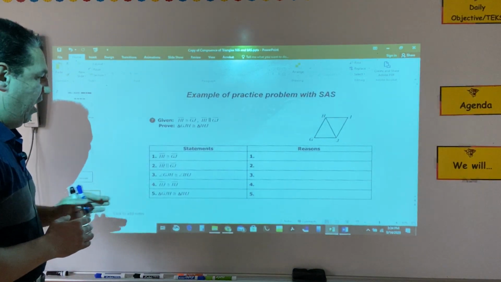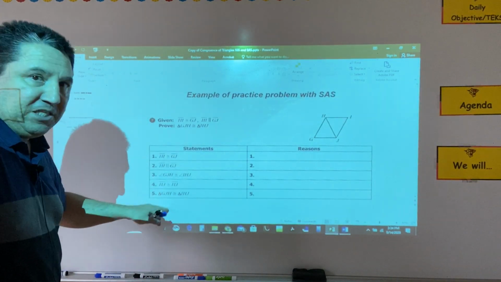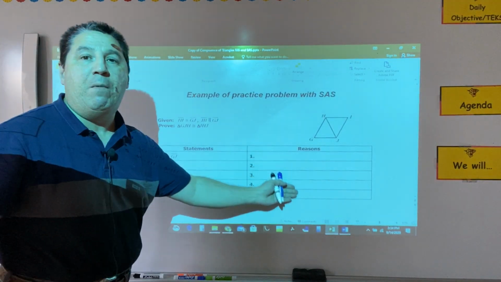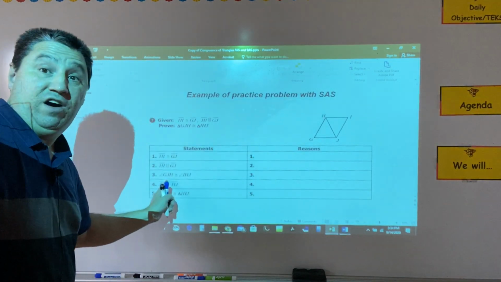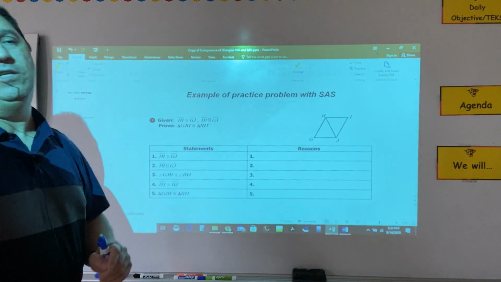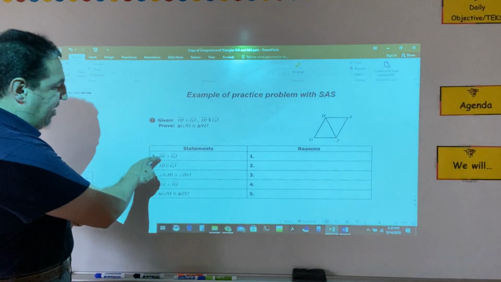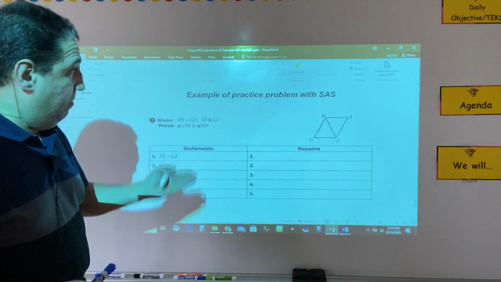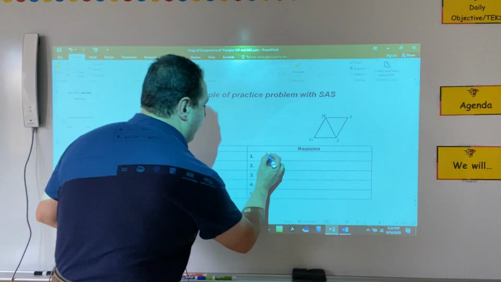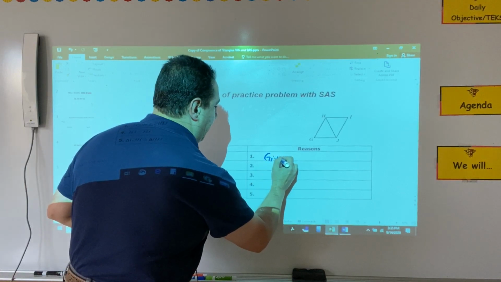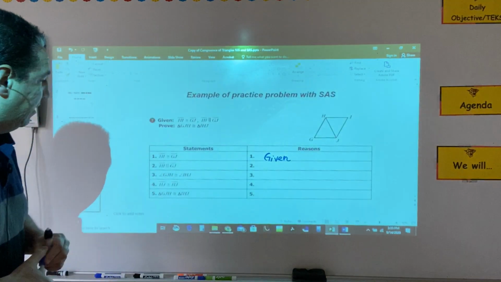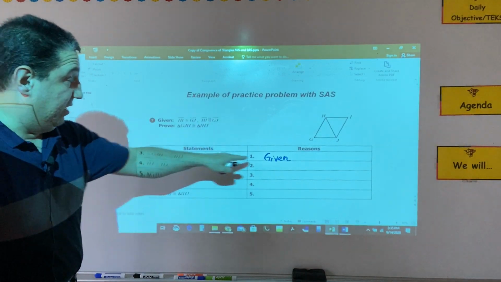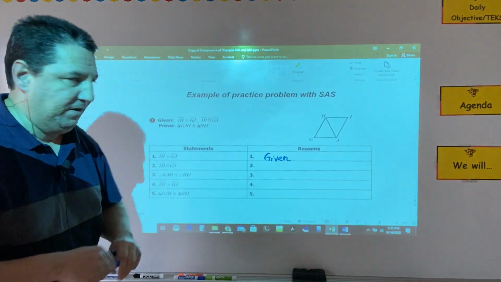For now, the steps are already written, so we have to come up with the reason that justifies these steps. Now, HI congruent to GJ. How do we know? Because it's given. So we write given. Then HI parallel to GJ is also given.